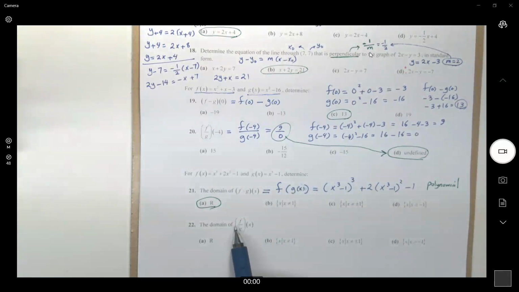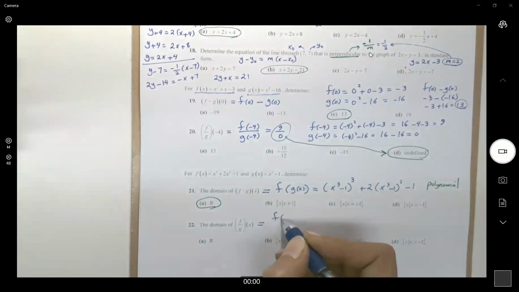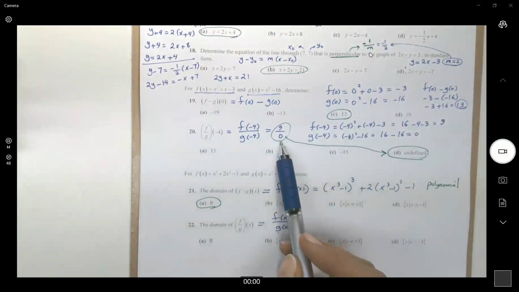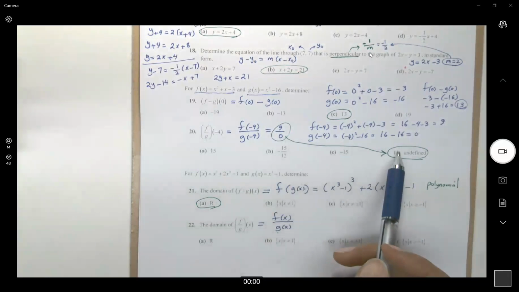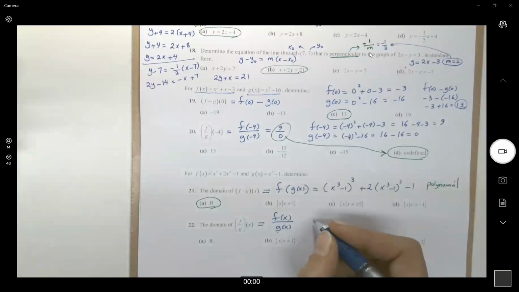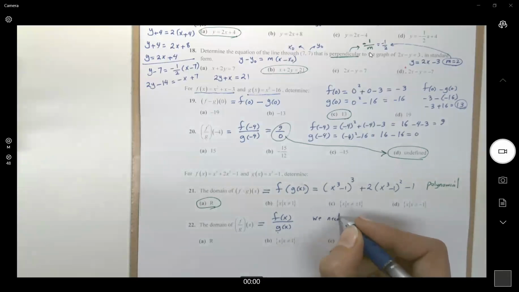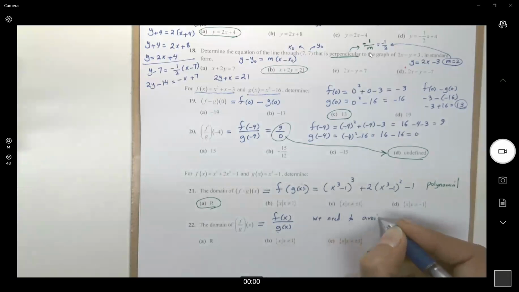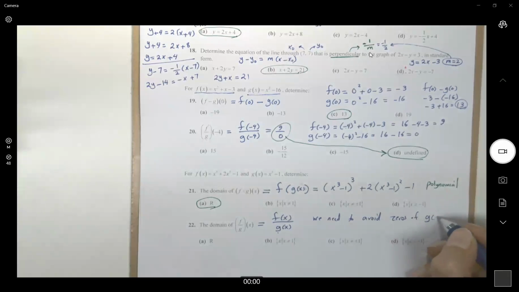What about the domain of f divided by g? F of x divided by g of x. Remember that if you have 0 in the denominator, it's undefined. So we're going to avoid zeros in the denominator. Avoid zeros of g of x.